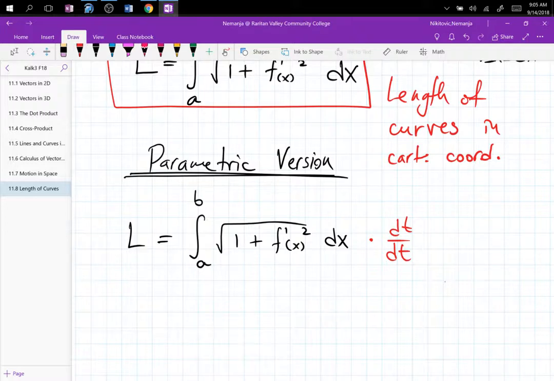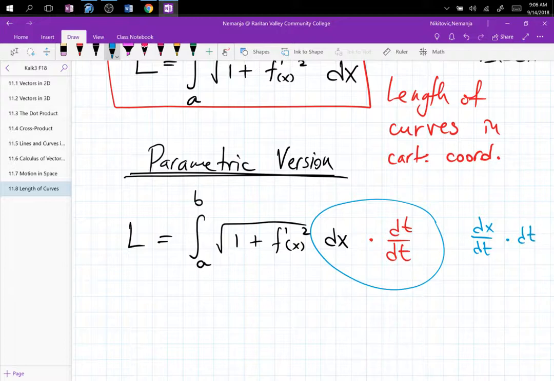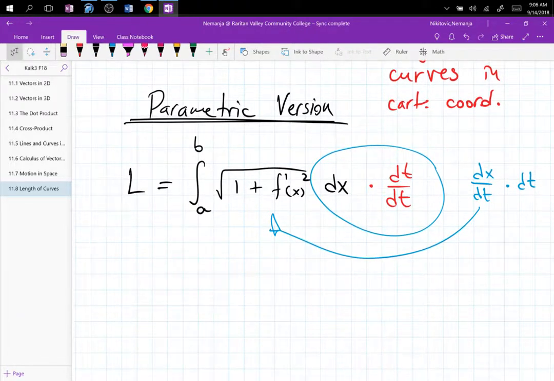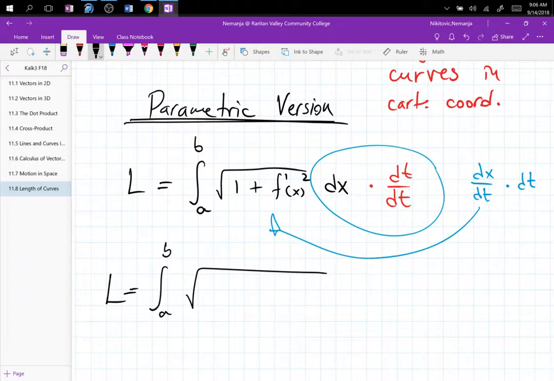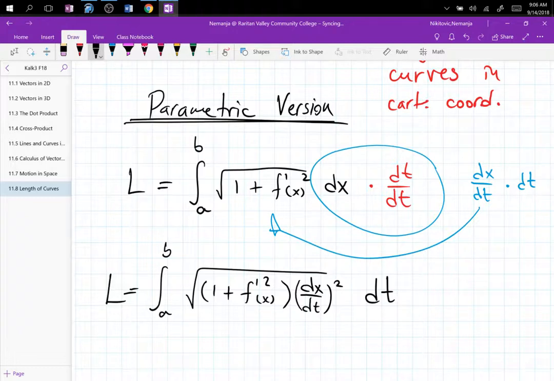So we are going to multiply by dt over dt, and then we are going to rearrange this as dx over dt times dt. And it's dx dt that gets multiplied under the radical. So what do we get? We get L, a to b. Inside the radical, I have the old 1 plus f prime squared times dx dt squared. And then there is dt left on the outside.